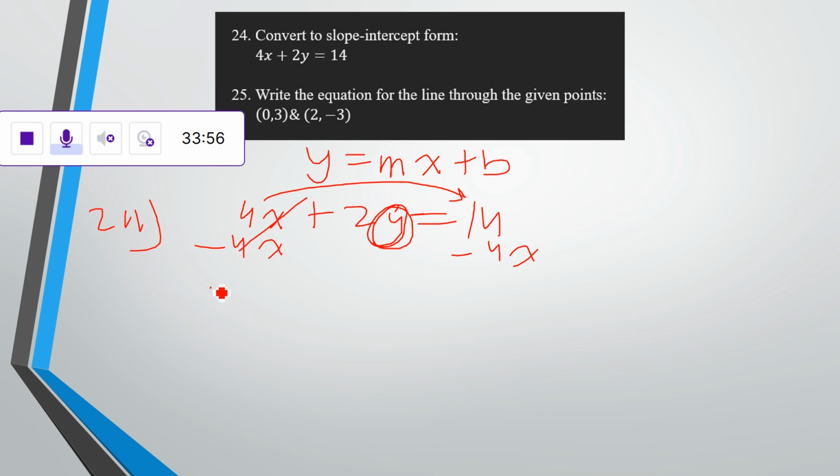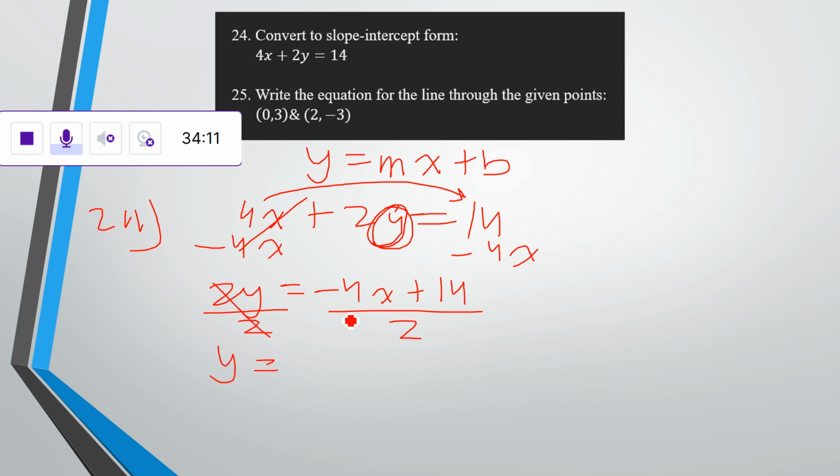We can't combine this, so we're just left with 2y is equal to negative 4x plus 14. We then want to go ahead and divide 2 on both sides of the equal sign because we want to make sure y is alone. Doing so, we end up with y is equal to negative 4 divided by 2 gives you negative 2x, and 14 divided by 2 gives you 7. A nice equation now written in slope-intercept form.